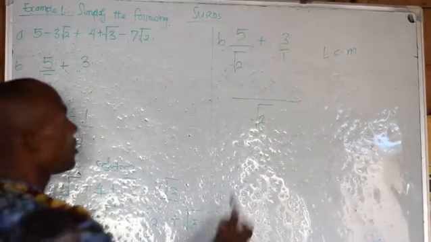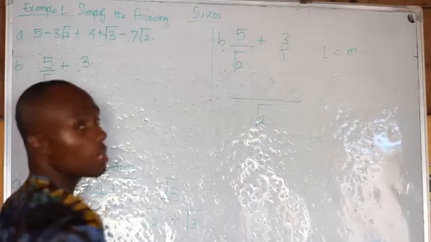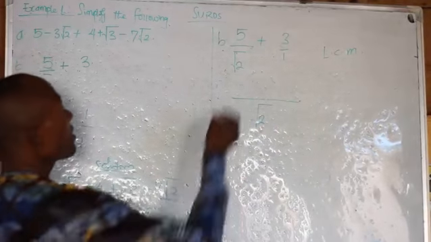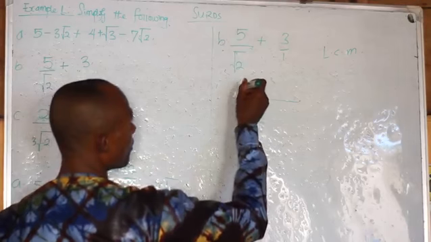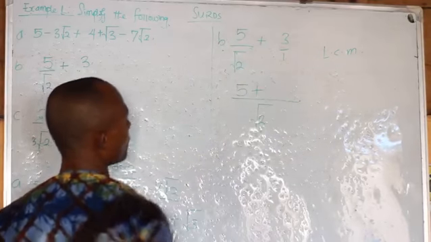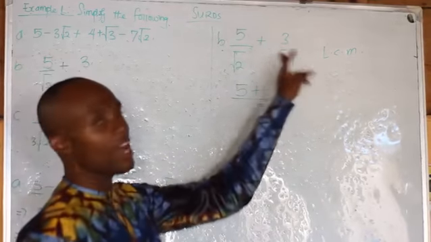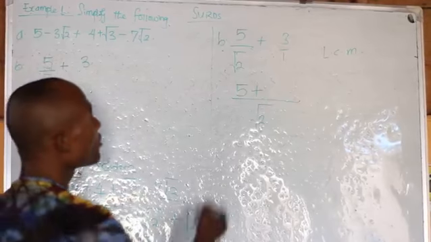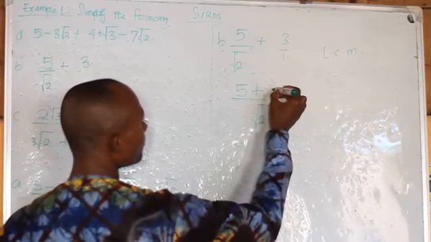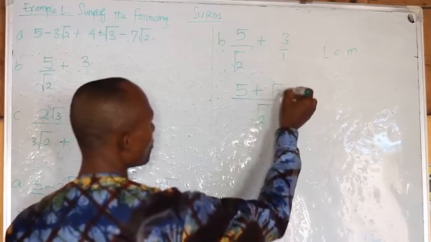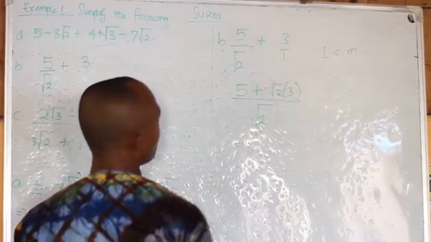So root 2 divided by root 2 is 1. 1 times 5, we have 5. 5 plus root 2 divided by 1 is root 2. Root 2 times 3.